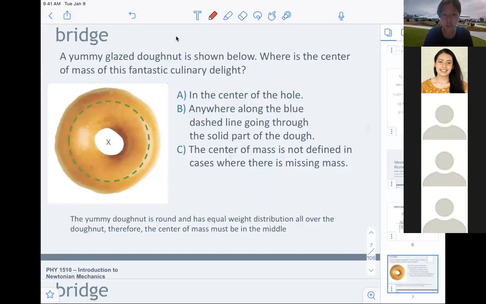And you have already done this question online. If you're trying to find the center of the mass of a donut, where would you think the center of the mass is? Where would be the average position, sort of the middle of the donut material?